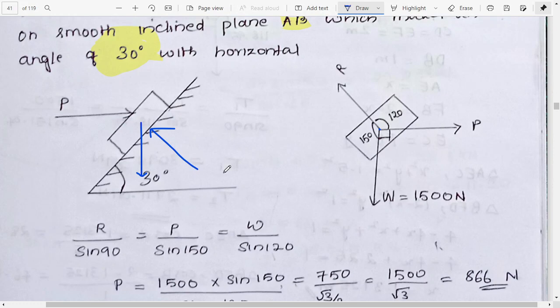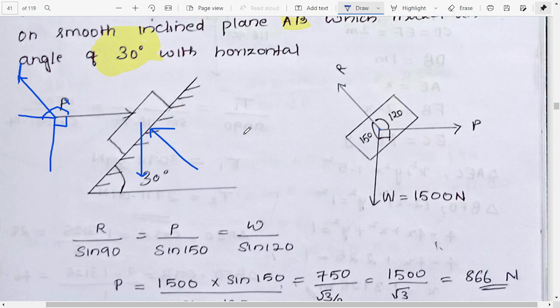And about these angles, if you take this in this manner, we know that this angle will be 30 degrees, because I have already told you that alpha will be equal to theta, so this will be equal to 120 degrees, and this will be 90 degrees, so this one will be 150 degrees.